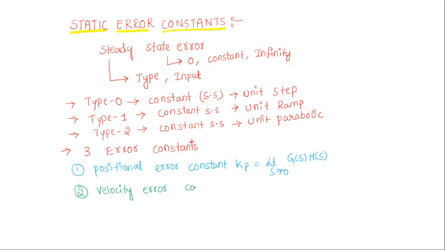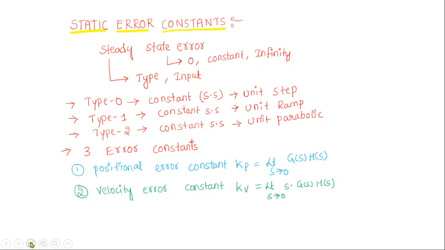It is represented with K suffix v. This is defined as limit s tends to 0 s into G of s into H of s.